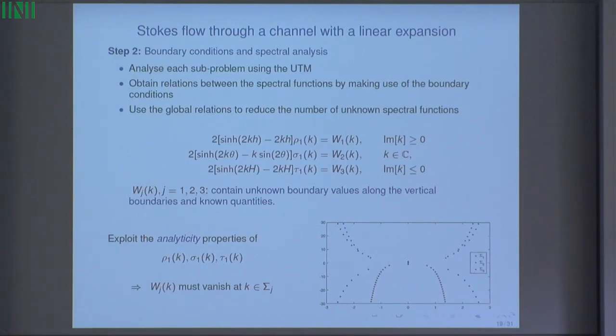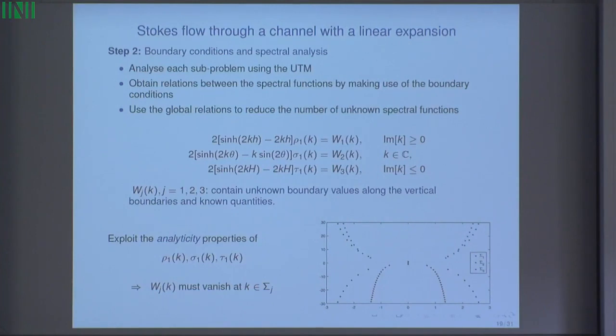This one comes from analysis in subdomain 1, the semi-strip, and that is valid for all complex numbers in the upper half plane. Then this equation comes from analysis in this bounded polygonal domain, and this comes from analysis in domain 3.